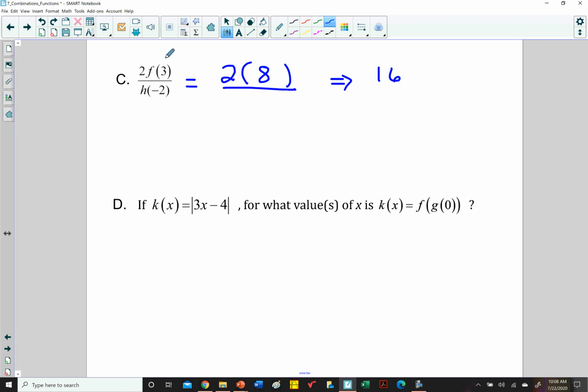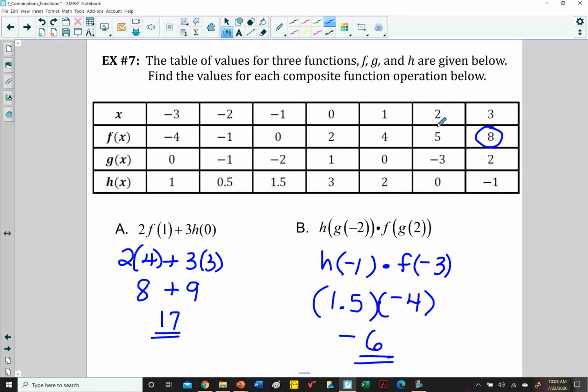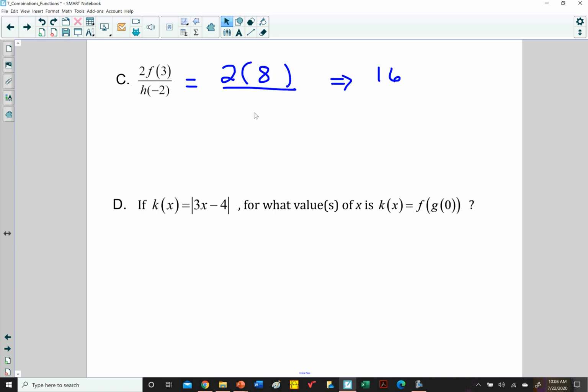And the h of -2: when x is -2, h is 1/2. So 16 divided by 1/2 would be, keep change flip, 32.